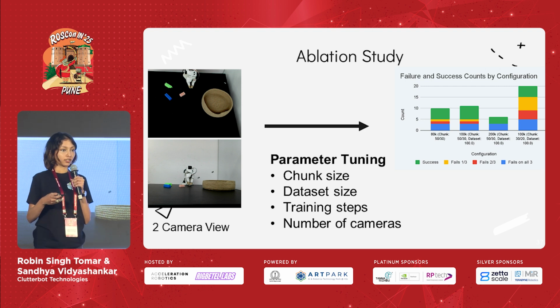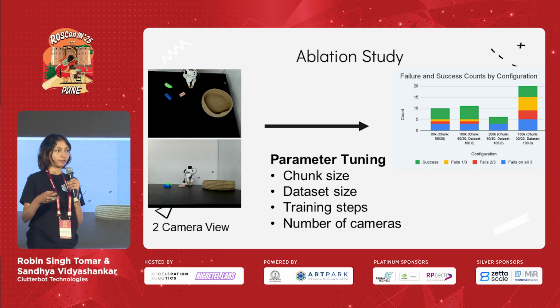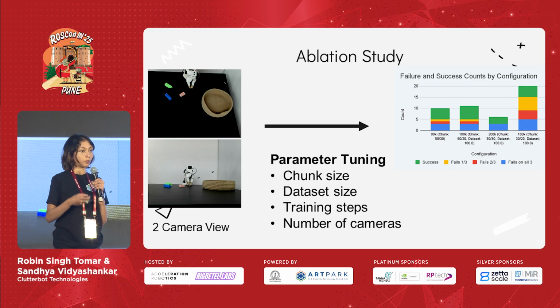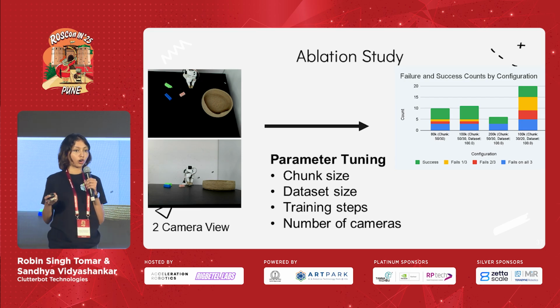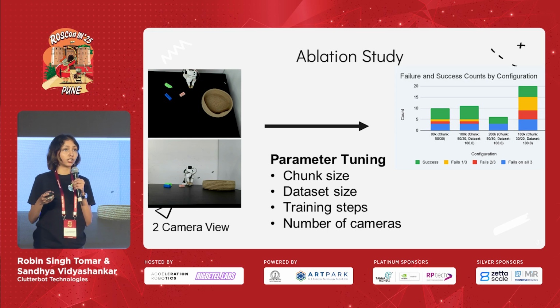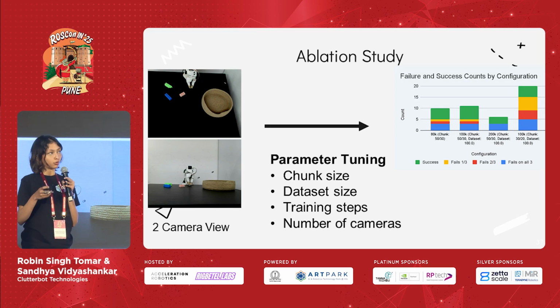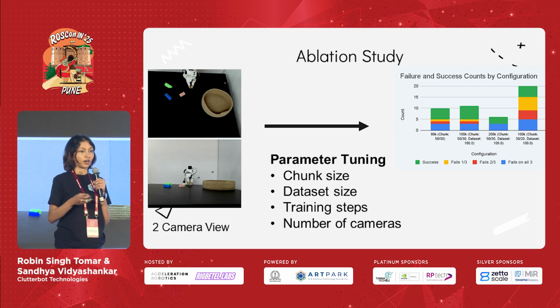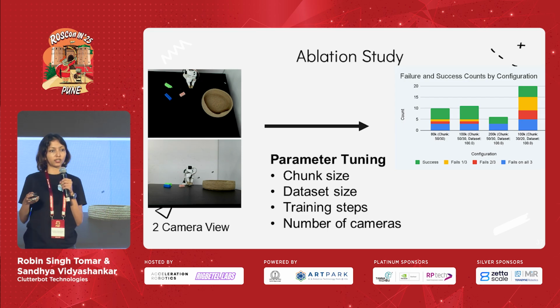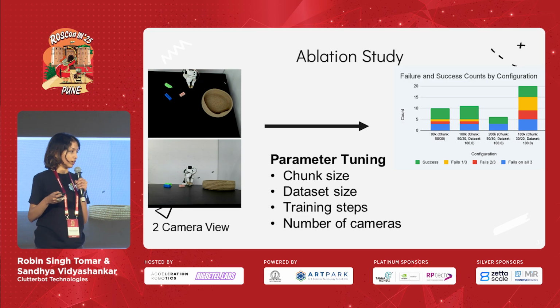With varying the chunk size, we're basically varying how far in the future the model is going to predict actions. This will result in the robot moving slower or faster, maybe a little jerkier, and also basically tuning its reactivity to the environment. And from this ablation study, we understood how this affects things, allowing us to go ahead and implement stuff on our robot.